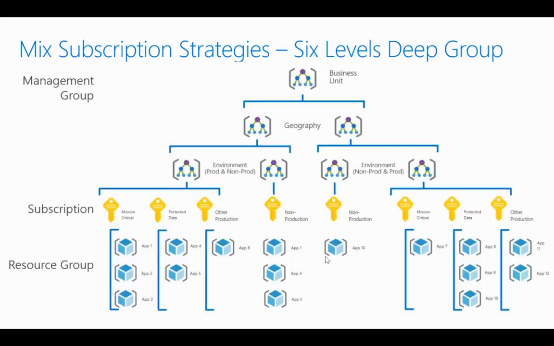For example, if I'm working with a development team and I want to understand what resources this person would need to complete the project, I could have a subscription created for this development team under UAT.